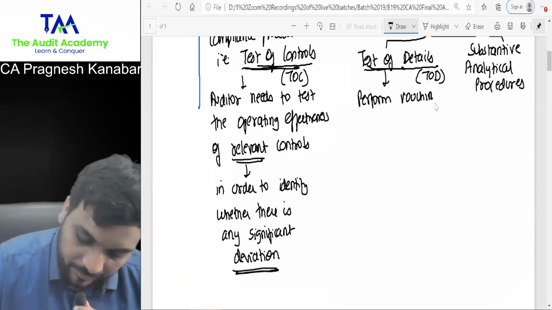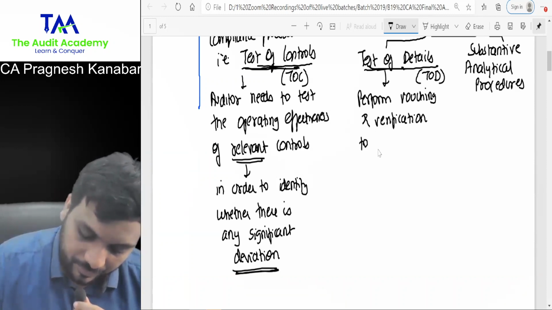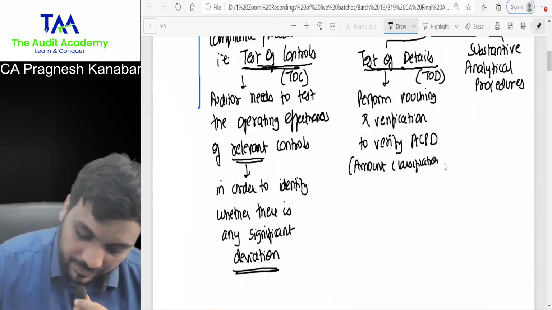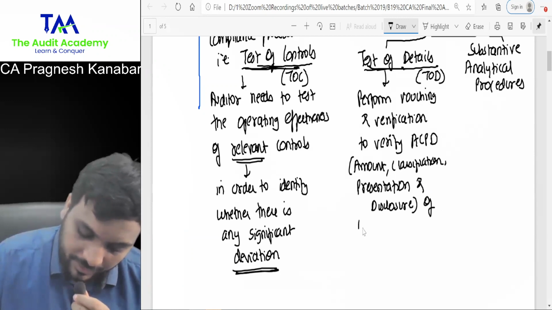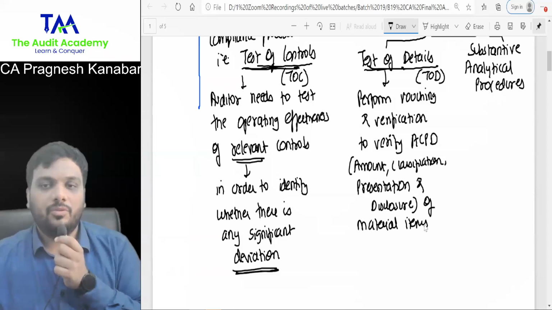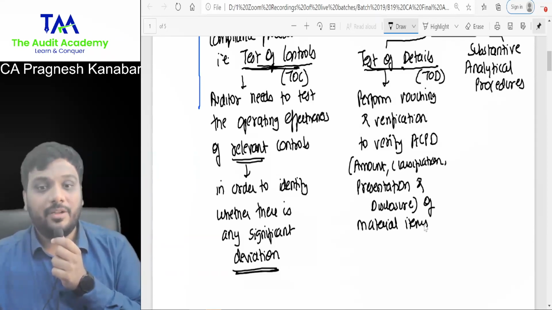I'm going to perform vouching and verification to verify ACPD: amount, classification, presentation, and disclosure. I'm not going to run behind all immaterial items. My major focus will be to verify the material items. So I'm going to perform vouching and verification to verify ACPD of material items.